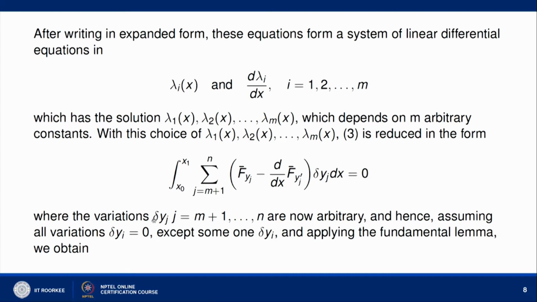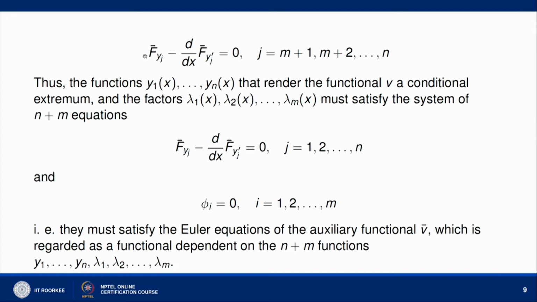And here the variations delta yj, j from m plus 1 to n, are now arbitrary, and hence by assuming all variations except one as 0, we can apply the fundamental lemma, and we get from the Euler equation that f bar_yj minus d by dx f bar_yj' equal to 0 for j equal to m plus 1 to n.